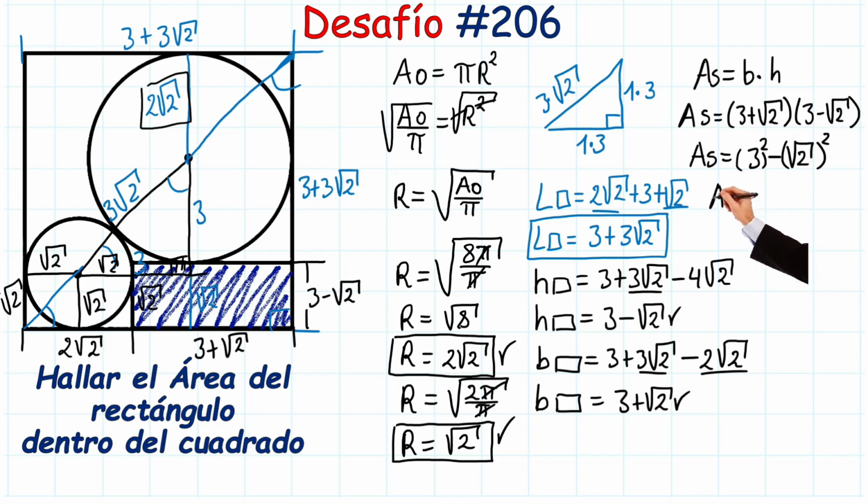Then the shaded area is equal to 3 squared, which is 9, minus the square root of 2 squared, which simplifies: the 2 with the root index just becomes 2. So we have 9 minus 2, that's 7 square units. Fantastic.